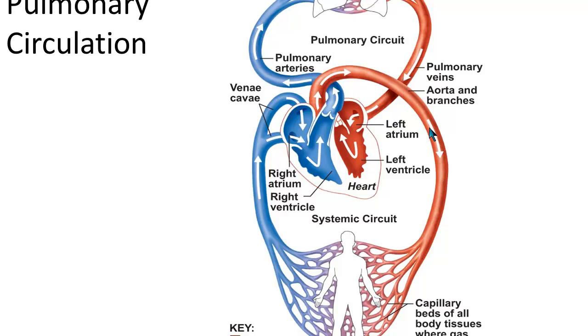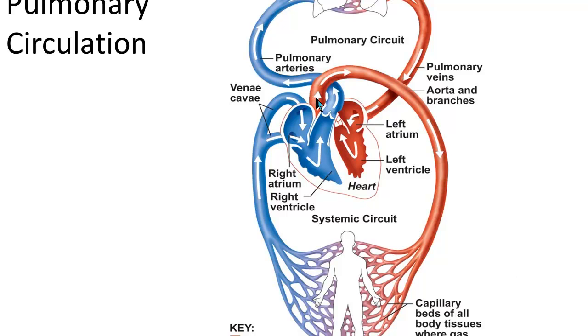So this right side of the heart is actually a low pressure system, because think of the distance between your heart and lungs. As that right ventricle pumps blood out the pulmonary artery to the lungs, that's a very short distance, and there's not a lot of resistance to flow there. But in the left side of the heart, when we're pumping blood out this aorta to all the tissues of the body, that's a lot of blood vessels and a lot of pressure required to get that blood to enter into the tissues, the plasma components.